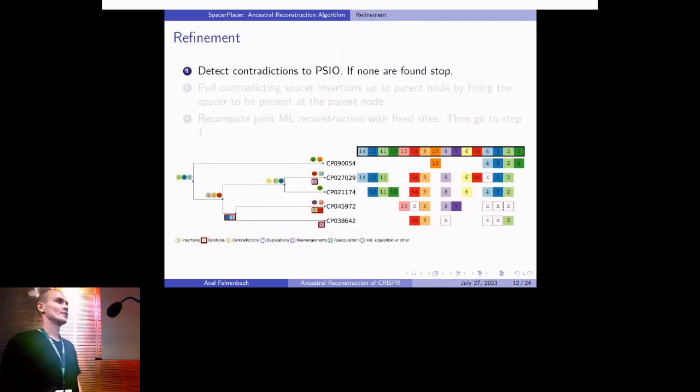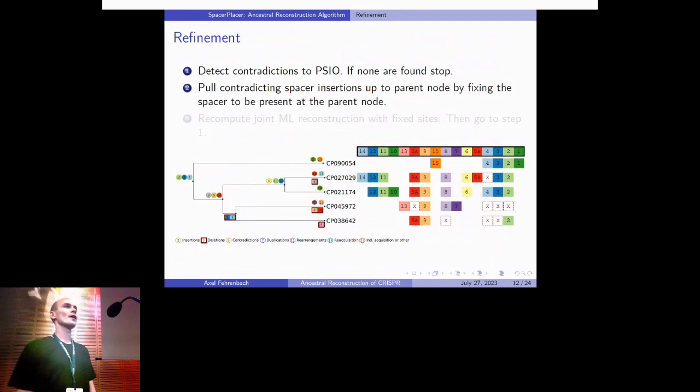So what we do is we detect these contradictions to the partial order, and if we find none, then we're finished, we have a reconstruction. Otherwise, we move the insertion, the contradiction, one step above to the parent node by just saying that at the parent node, the spacer has to be present. It's important that we are not saying that the spacer insertion event has to happen at this place, but that the spacer has to be present there.